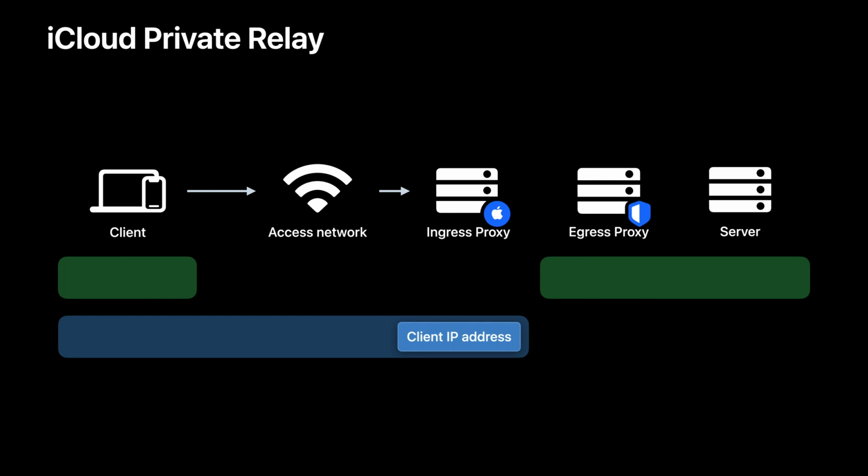The second proxy only sees the name the user is requesting and uses that to build the connection to the server. It is critical to note that no one in this chain, not even Apple, can see both the client IP address and what the user is accessing. The opportunities for fingerprinting have been removed. This is privacy by design.